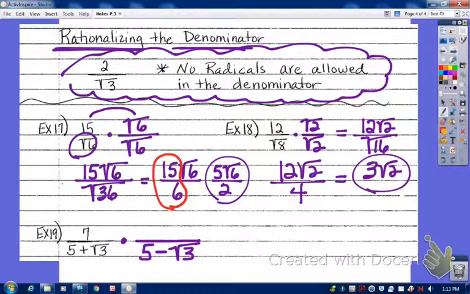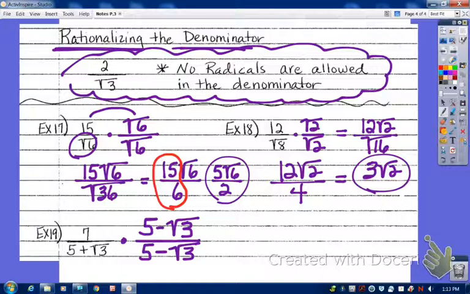Whatever you multiply on the bottom, you also have to multiply on the top. Okay? You got 2 different numbers in the denominator. You do the opposite sign. That's called the conjugate. You're going to do top times the top and bottom times the bottom.